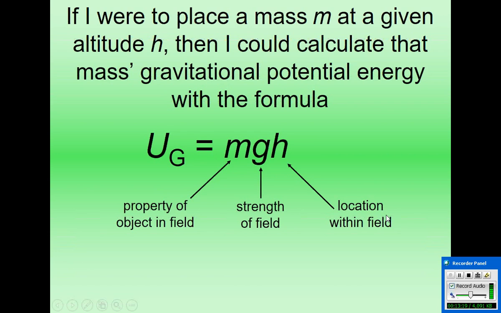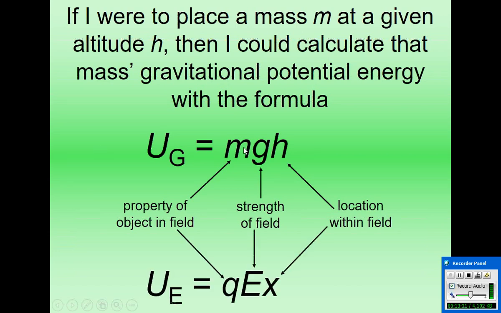If I want an electrical equivalent, instead of M, I would have Q. Instead of G, I would have capital E. And as far as location is concerned, I'm just going to use the letter X. And so I could say that the formula for electric potential energy is Q times E times X, but that's not what I'm going to say.